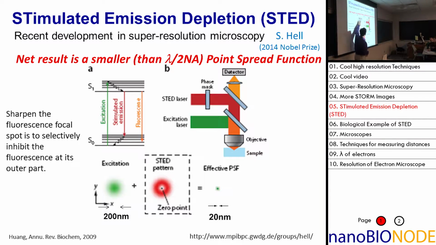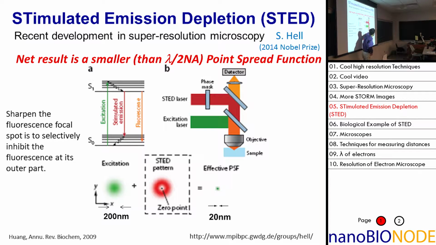And again, the difference in wavelength between the excitation and the emission is called the Stokes shift, and that's really good because this is in general red and this is green, for example. And so you can put in a filter over here where you come in with the green, and this is called a dichroic filter.